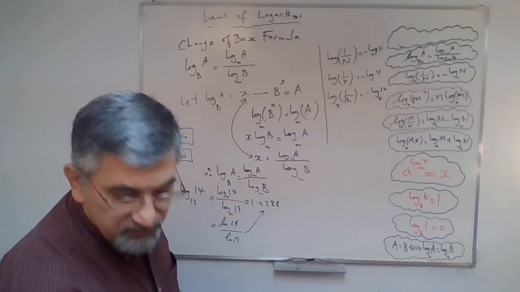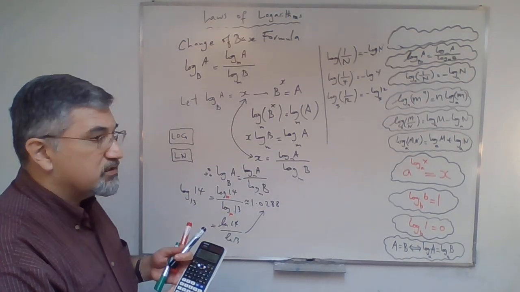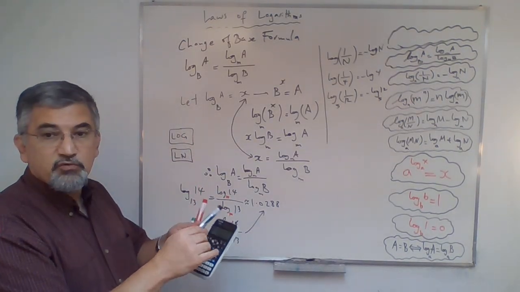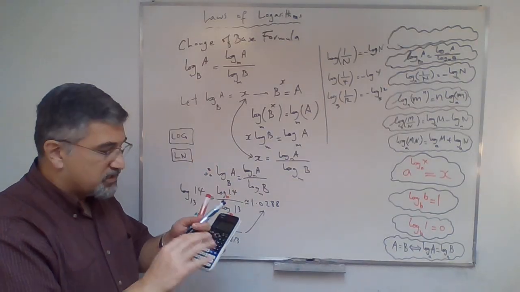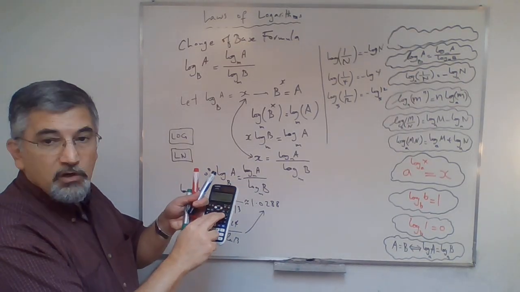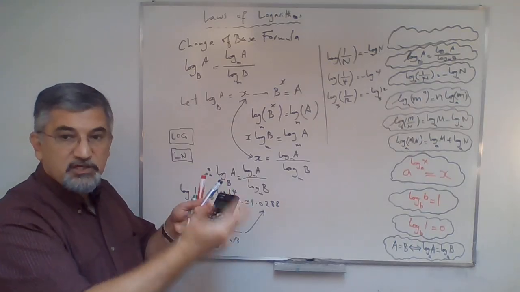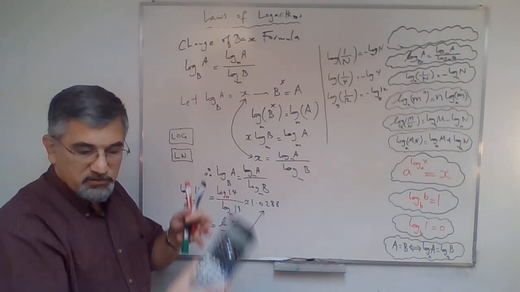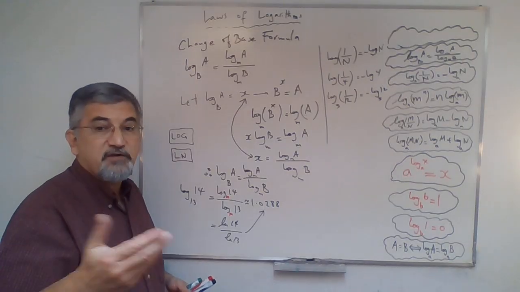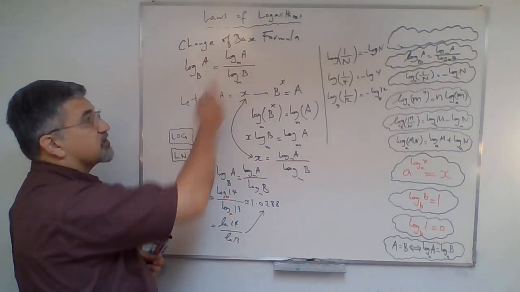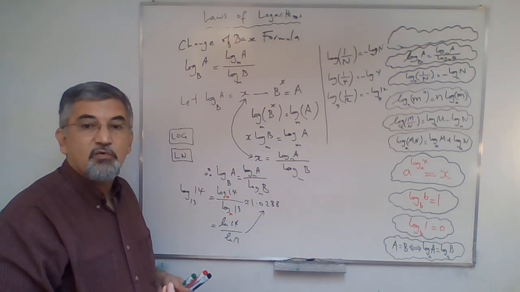That's why manufacturers of calculators didn't design a separate button for log base 2, log base 4, log base 5, log base 6. They just put two buttons here, common logarithm and natural logarithm buttons on the calculator. Because manufacturers of calculators knew about this change of base formula, and they said, why bother?